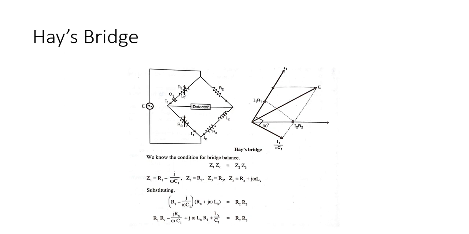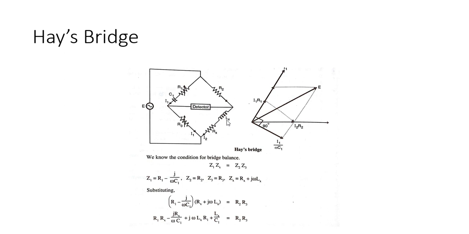This is R2, as discussed earlier. R1 and C1 are there. R1 is variable, R3 is variable also. The current flowing through these resistances is equal to the current flowing through R3, because the bridge is balanced. And here Rx and Lx are given.